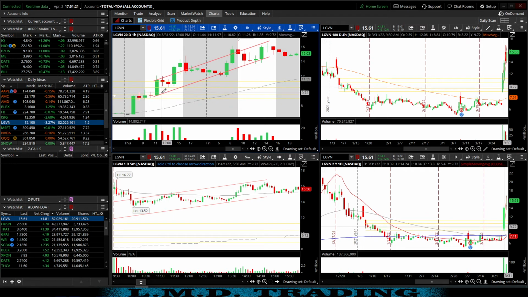But look how clean this thing was trading in this channel or uptrend that I have on the chart. It was coming right up to it, coming back down, kind of broke out there, came back down. So this would have been a fairly clean and easy trade, but it's on the low float.